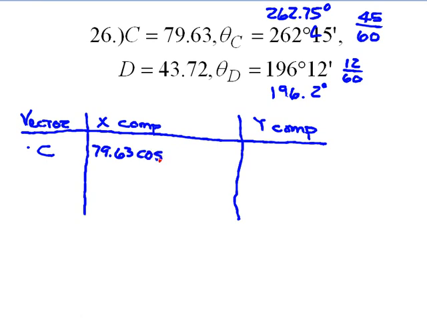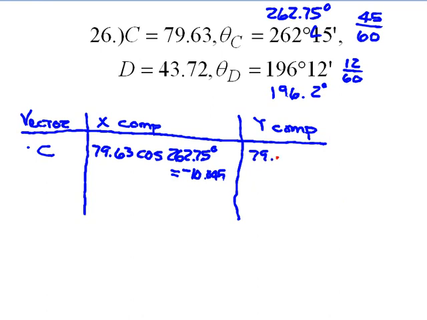Cosine, and as long as you always use the full degree from the 0, 0 point, you can always use cosine. So we'll put in here 262.75 degrees, and that will equal a negative 10.049. It's negative, notice. Well, where is 262? In the third quadrant. The x is negative. The y should be negative too.